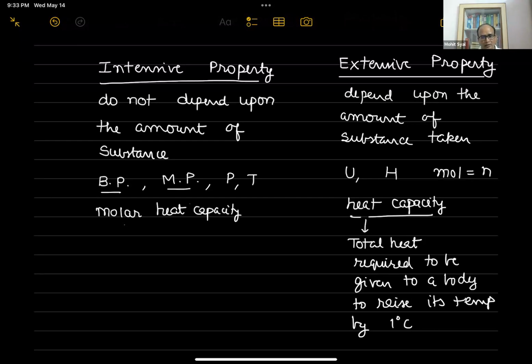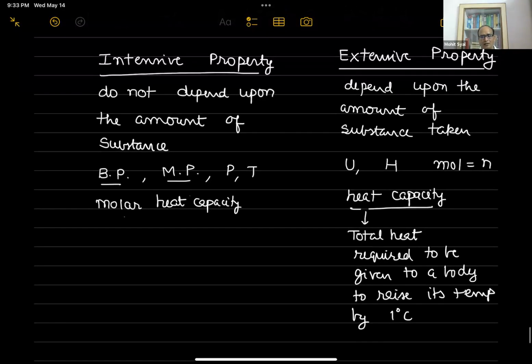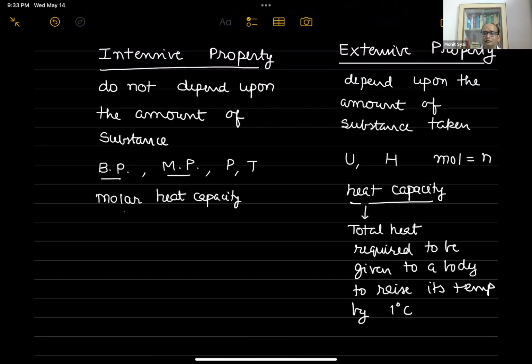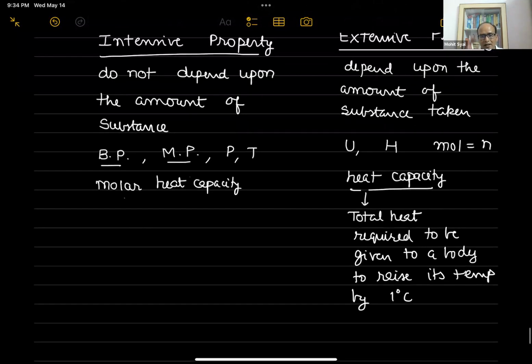A mole is an extensive property. How many moles you took depends upon the mass which you are taking. Suppose you have taken 18 grams of water, 18 gram is 1 mole of water, right? If you have taken 9 grams of water, that is half mole.